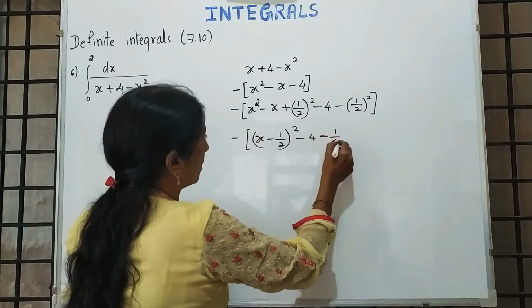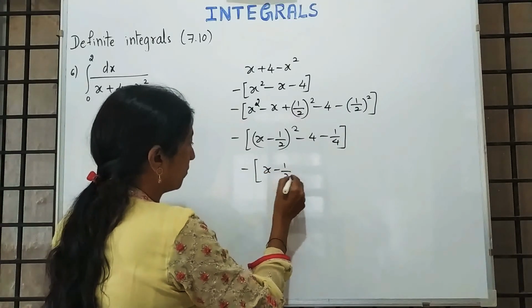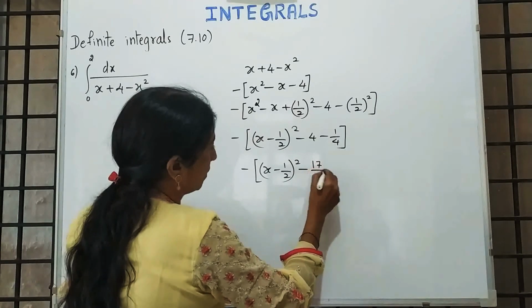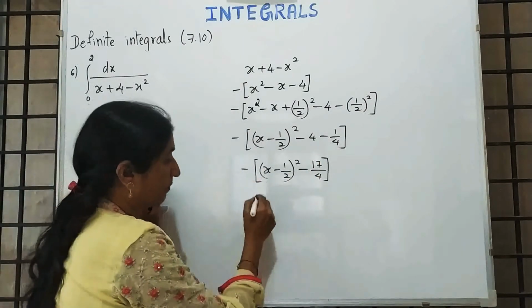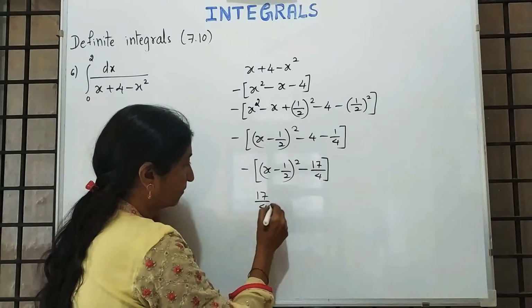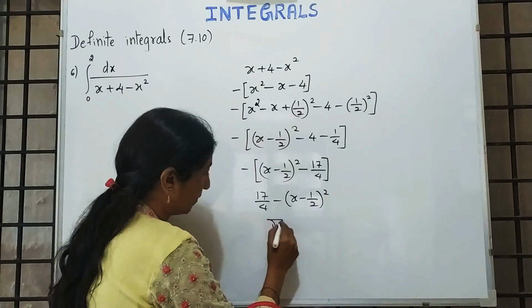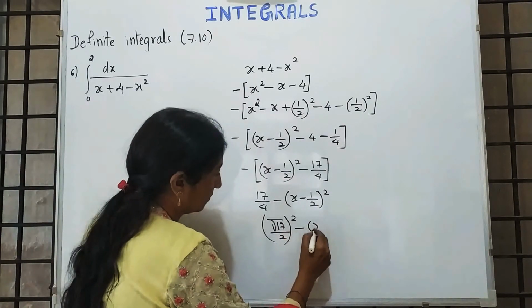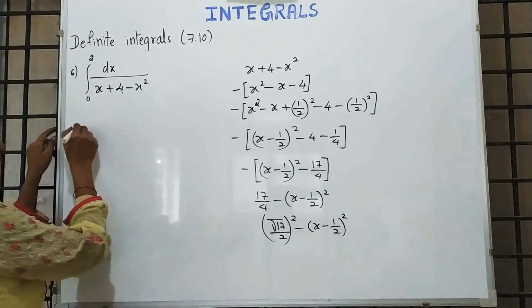Minus 4 minus 1 by 4 minus x minus 1 by 2 whole square. 4 4s are 16, 16 minus 1, 17 by 4. But we cannot write minus outside, take minus inside the bracket. And everything we have to write as a perfect square. So this we have to write.